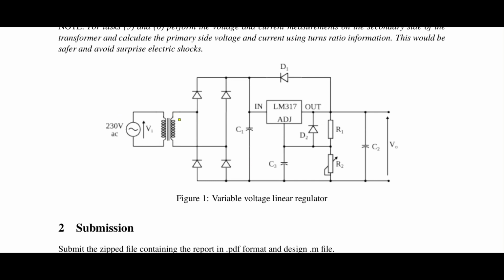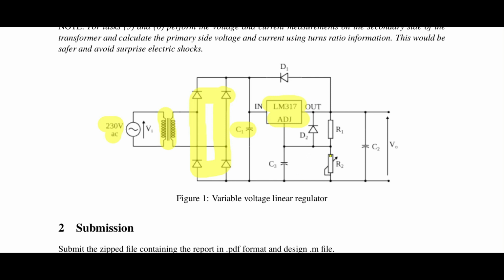This is the circuit. Similar circuit, we have the 230 volts AC, and then you have the transformer, and you have the rectifier and the C filter. Then after that you have the LM317, or the in, out, adjust pin.